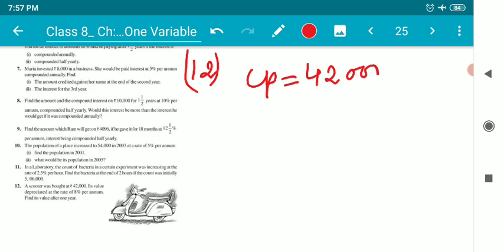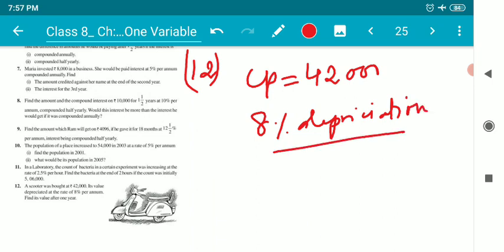The value depreciated at the rate of 8% per annum. 8% depreciation. Depreciation means, children, the price reduced 8% after 1 year. Per year. Find its value after 1 year. Very simple. Find out 8% of 42,000 rupees.